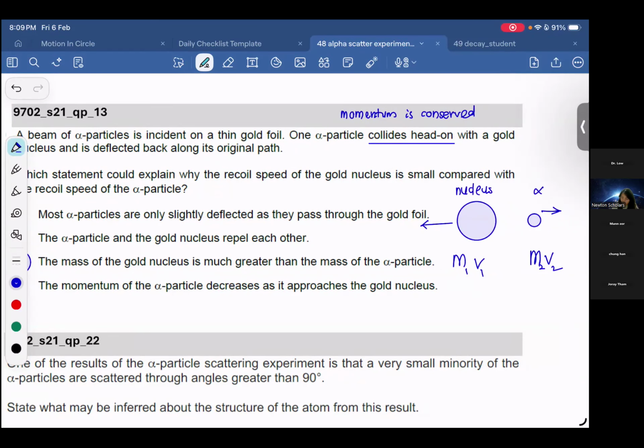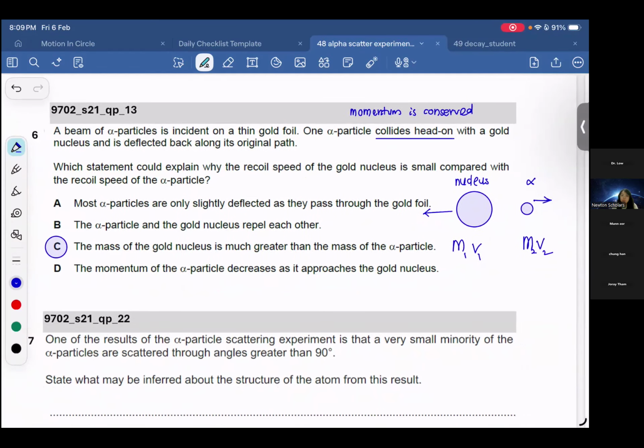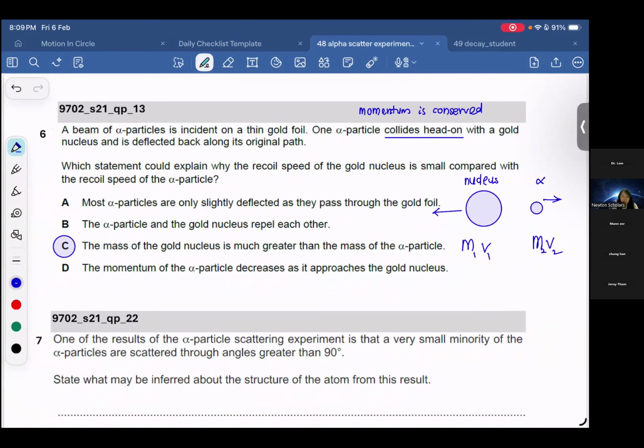Can you see that this is the nucleus and this is alpha? The nucleus has a much greater mass. So the speed here, this one has higher mass, so it must be lower. You can imagine a fat man runs slower.